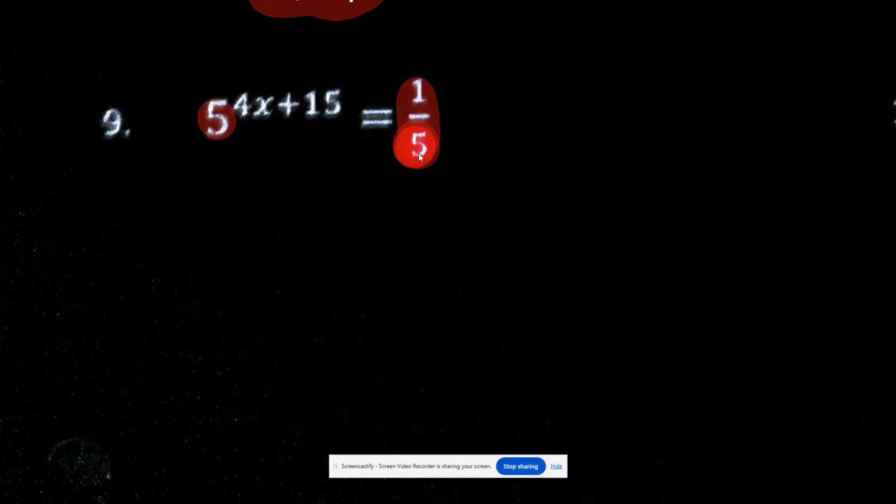So yesterday and the day before, we talked about how we can make this a base of 5 by using a negative exponent. And since it's exactly 5, we're just going to use negative 1. Now on the left side, it's good. I don't need to do anything with it, just like I didn't on the previous problem. So I can drop my bases, and 4x plus 15 equals negative 1.